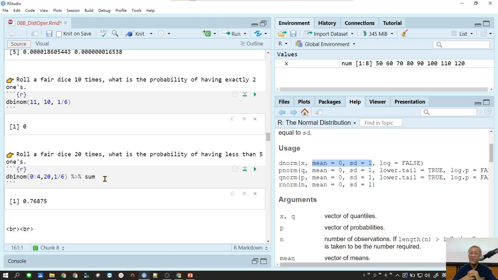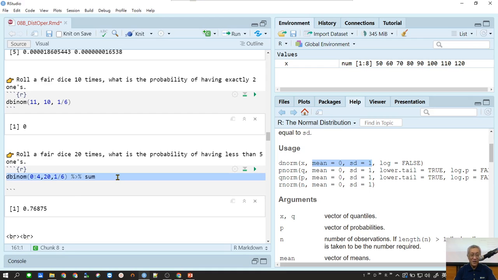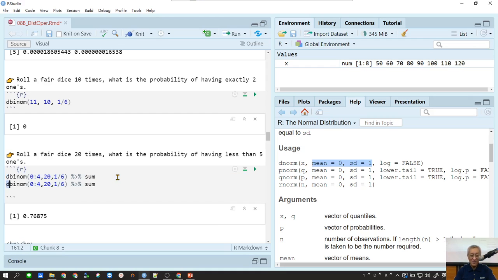Okay, and actually there's a better way to do this. If I call the P function, I can simply do this, right?